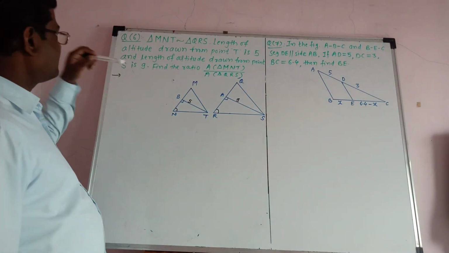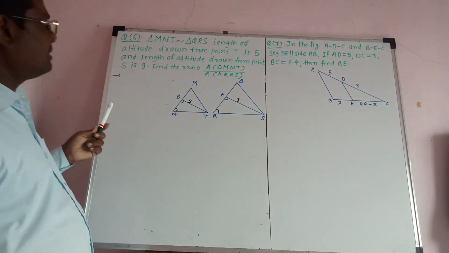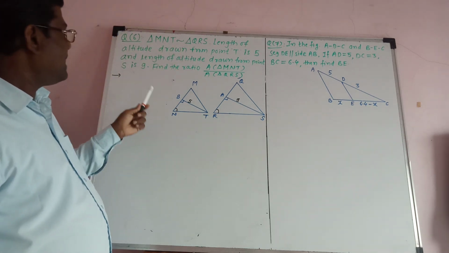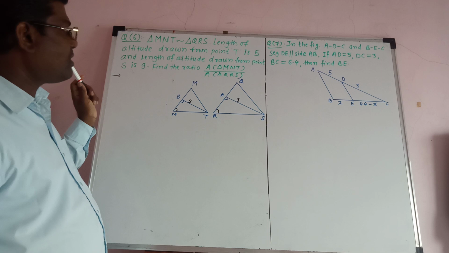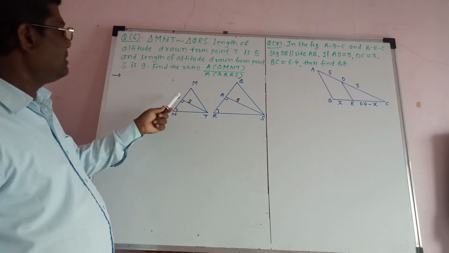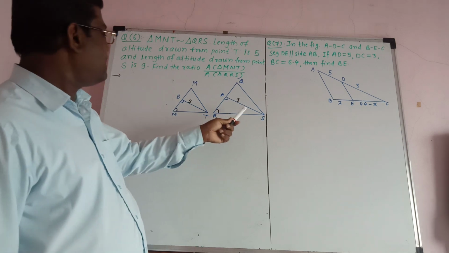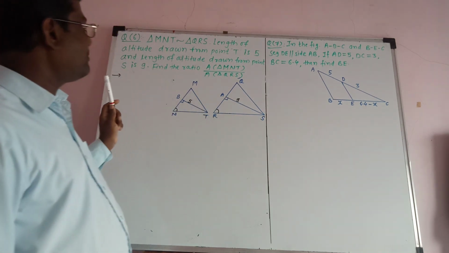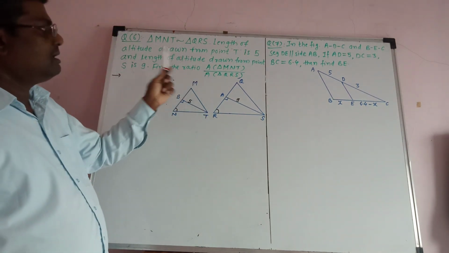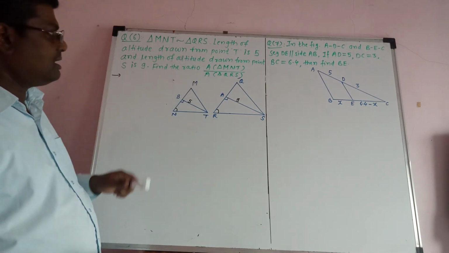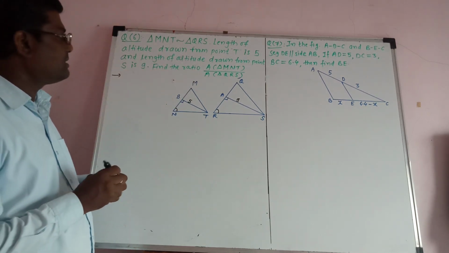Question number 6. Triangle MNT is similar to triangle QRS, length of altitude drawn from point T is 5 and length of altitude drawn from point S is 9. Find the ratio of area of triangle MNT upon area of triangle QRS.